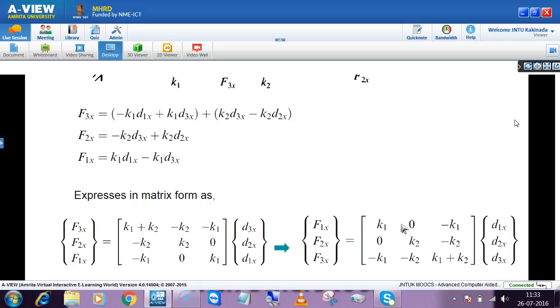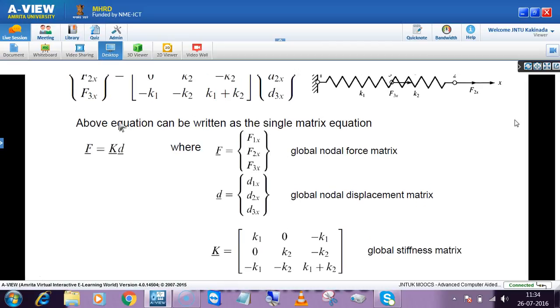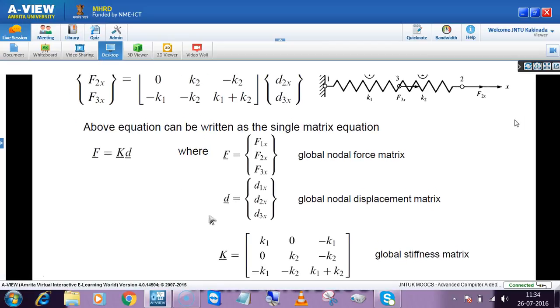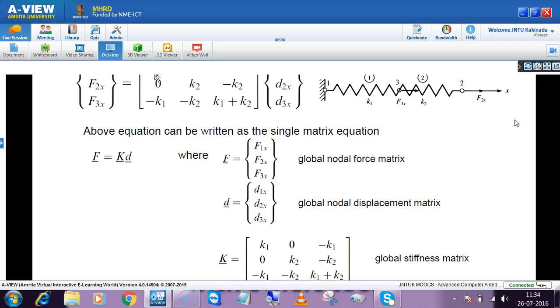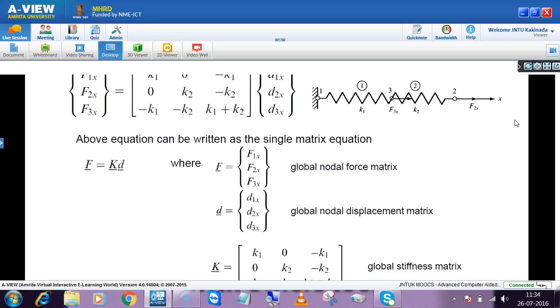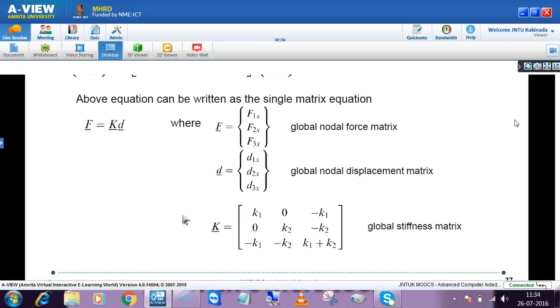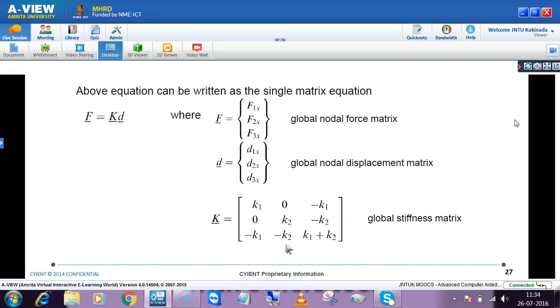Again, the above equation can be written in single matrix form. F is the global nodal force matrix, D is the global nodal displacement matrix, and K is the global stiffness matrix. So this is the global stiffness matrix for this problem.